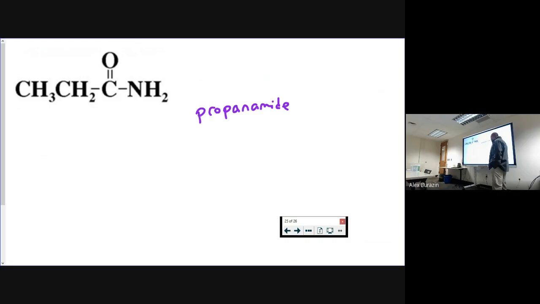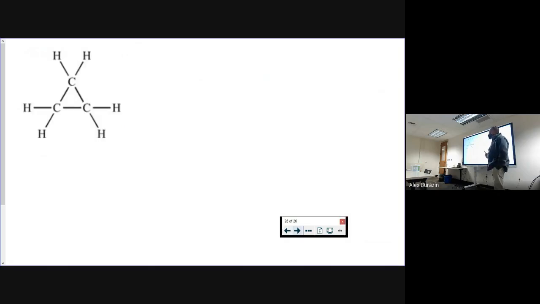Last but not least, this is not very possible, though. The angles here are way too tight. Cyclopropane. This stuff will be crazy reactive because if we're trying to make that tight of angles between three carbons, carbon generally wants to be tetrahedral, right?